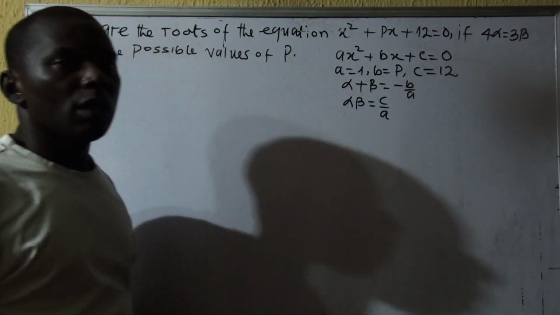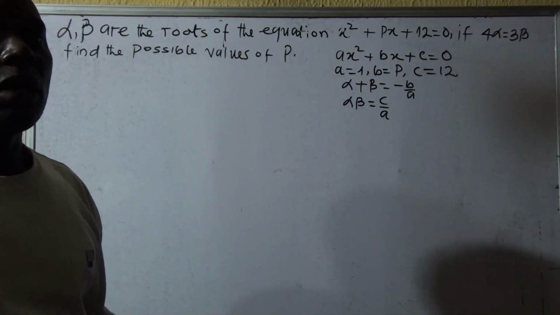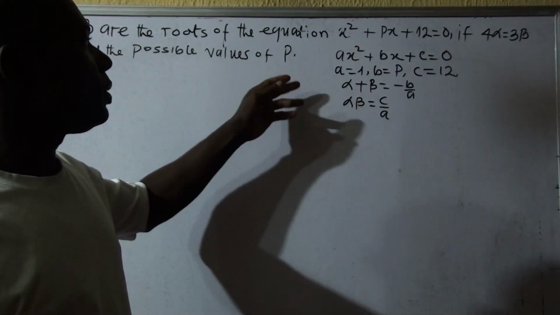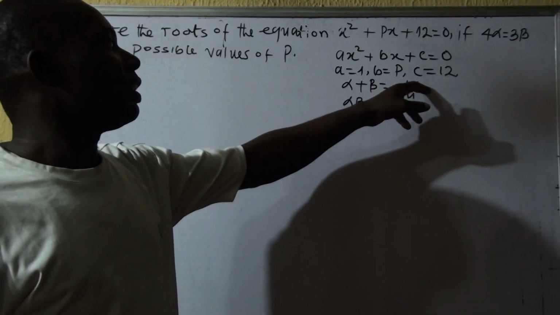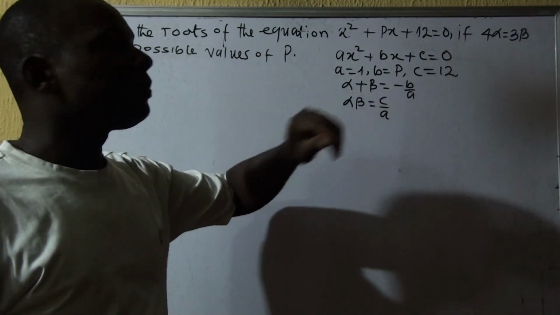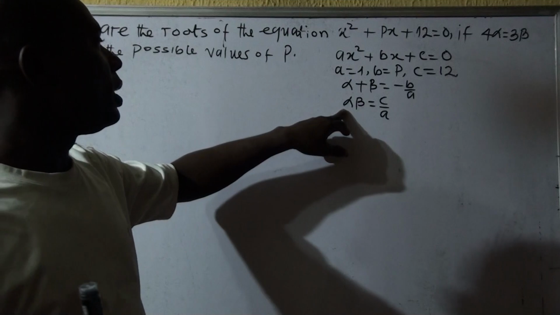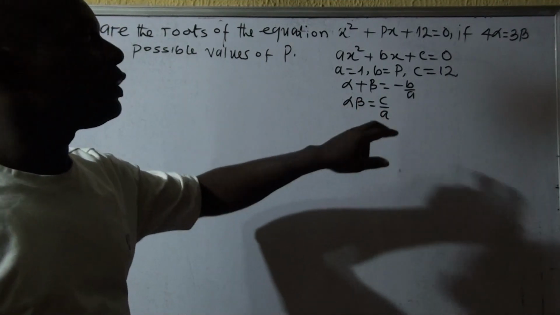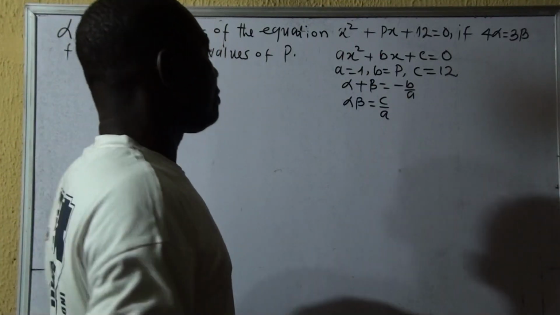To obtain the sum of the roots, take the negative of the coefficient of s divided by the coefficient of s squared. To obtain the product of the roots, divide the constant term by the coefficient of s squared.